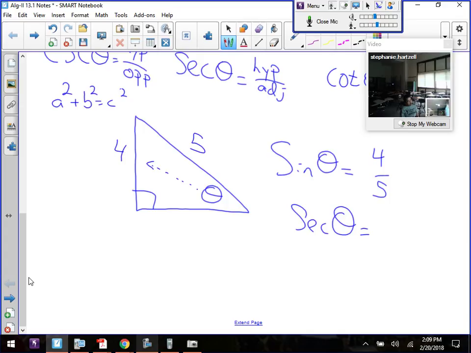I think that's all we did. Usually it's 3, 4, 5 you see more than anything. So I know that my adjacent in this case would be 3. Secant is hypotenuse over adjacent, so it would be 5/3. We'll start to see more of that as we go along. Just a little new bit right there.